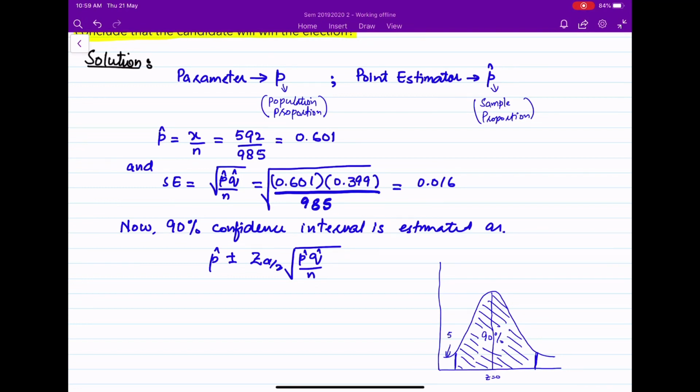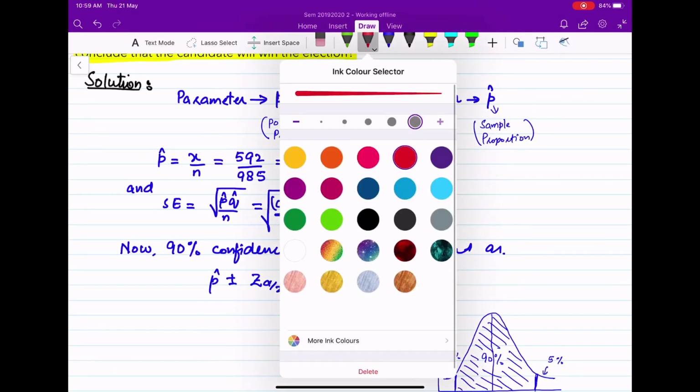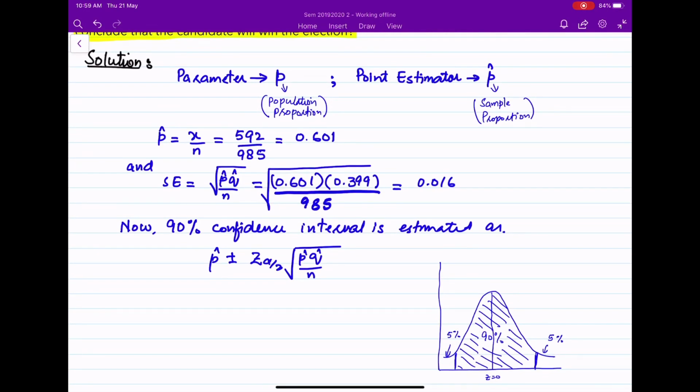So 90% is within the interval, and 10% divided by 2 is 5% on each side, 5% on the left side and 5% on the right side. This is the interval which lies outside the 90%, but we are interested only in the inside portion, 90%.